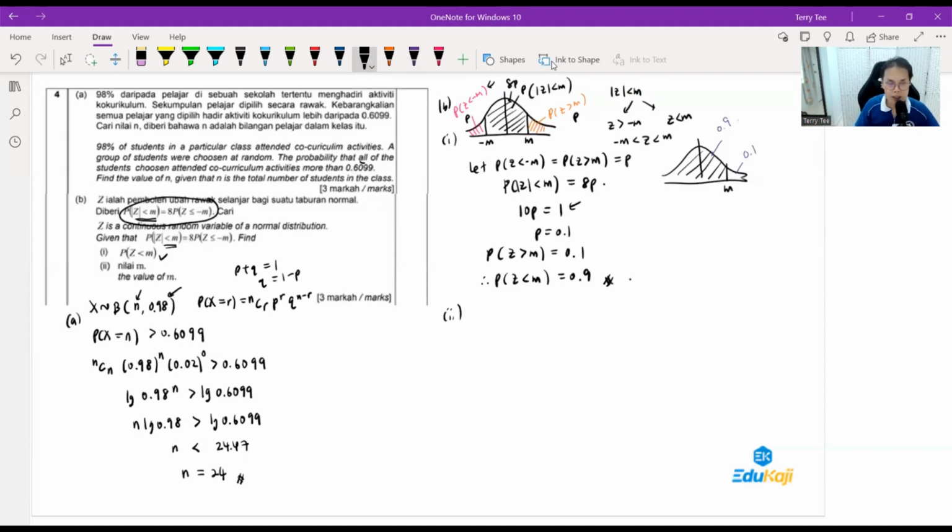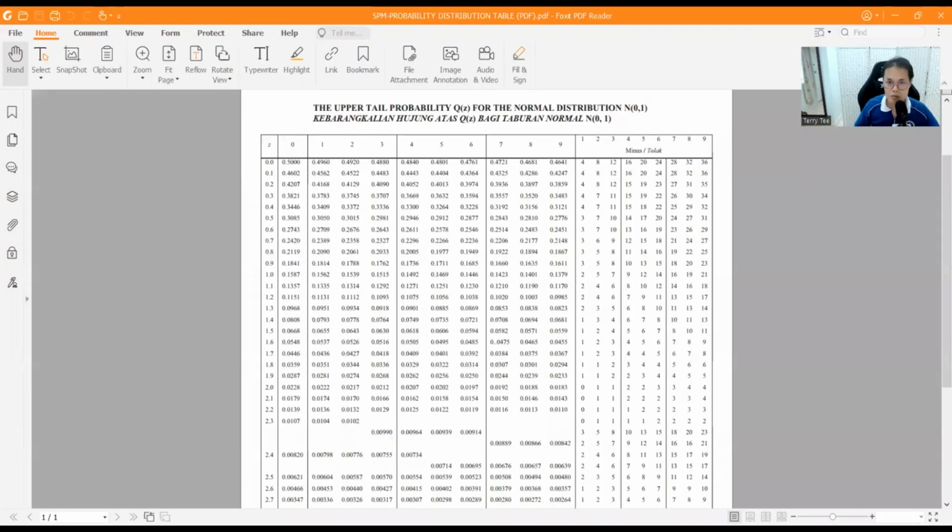Next, I'm finding the value of M. For this part, we need to use our mathematical table, or a calculator. P of Z more than M is 0.1. Here you're given the probability and you're finding the Z value, so we take a number slightly more than 0.1, which is this one, 1.28.